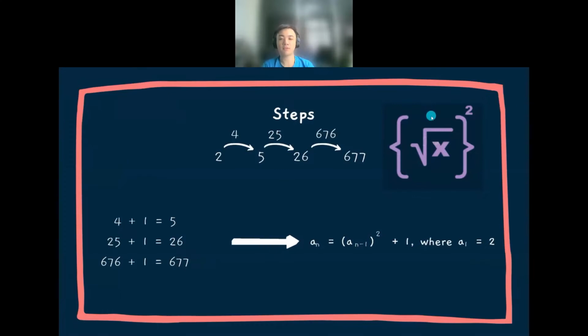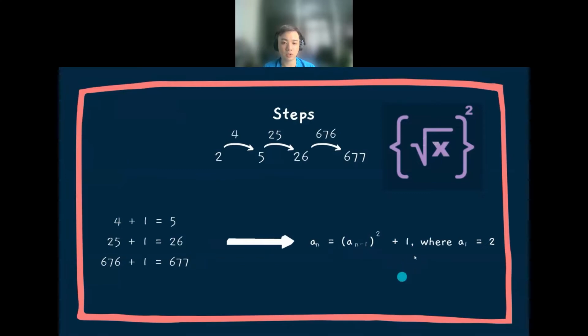Only this operation gets a tick, because we cannot use this operation only; it must combine with other operations to get the complete formula. The difference for all the terms after squaring is just 1, so you just need to add 1. After all those interpretations, we finally get the formula a_n equals a_(n-1) squared plus 1.